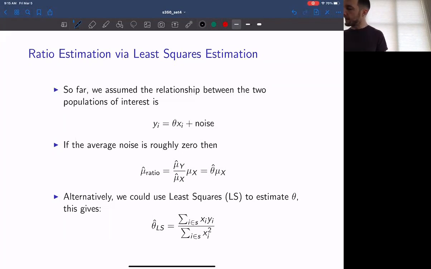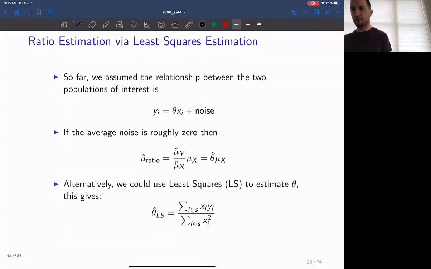Okay, so this first slide, slide 25 here, is just a little bit of extra information, an alternative strategy, if you will, for calculating the ratio estimate.